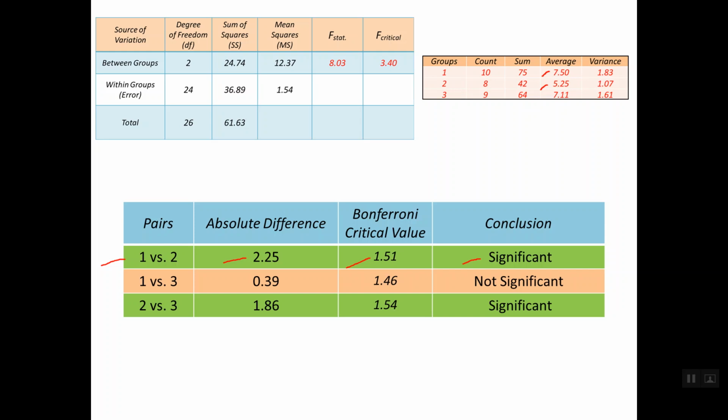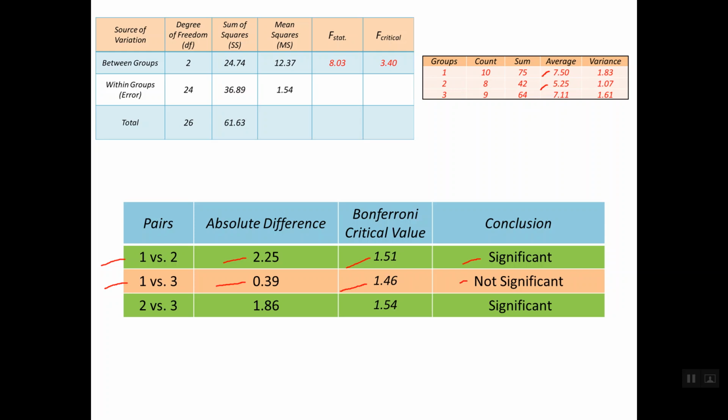Regarding the second pair, which is the pair for group 1 and group 3, the absolute difference between the two means is 0.39, and the value for the Bonferroni critical value for this pair is 1.46. So the absolute difference between the means is less than the critical value for Bonferroni.